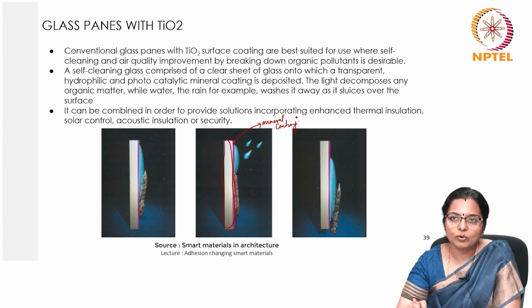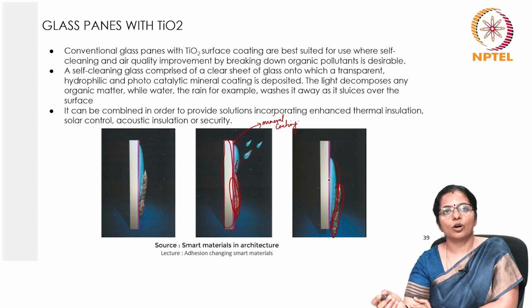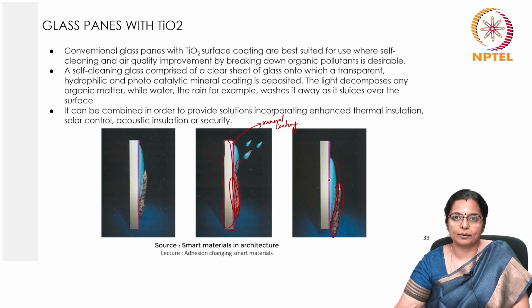The light decomposes any organic matter, and when rain falls over it, over the dust and the grime, the dirt slides over and gets washed away, resulting in what we call self-cleaning glass. So, the glass cleans itself automatically.